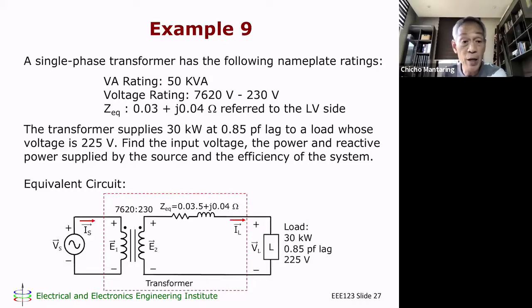So this is actually my equivalent circuit. This is my transformer. My turns ratio is 7620 to 230. This is the equivalent impedance of the transformer referred to the low voltage side.